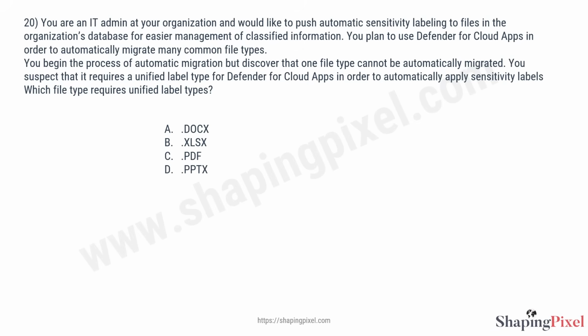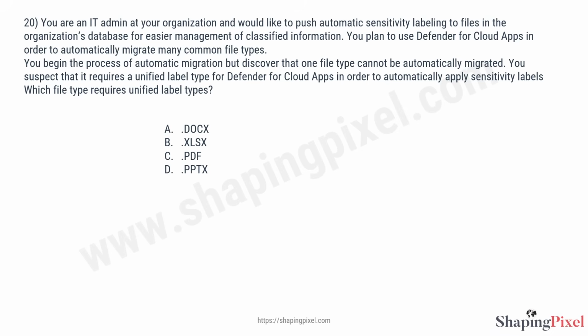So question number 20. You are an IT admin at your organization and would like to push automatic sensitivity labeling to files in the organization's database for easier management of classified information. You plan to use Defender for Cloud Apps in order to automatically migrate many common file types.